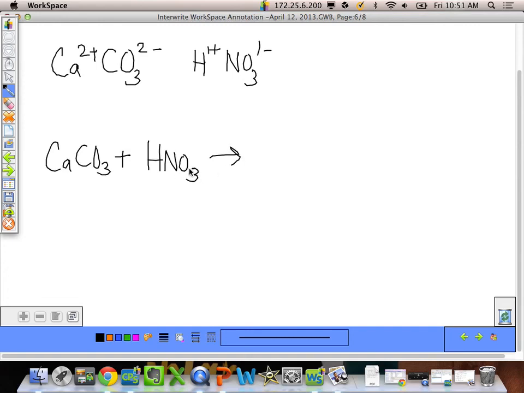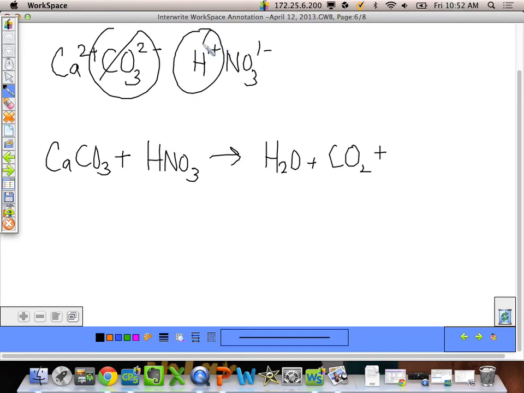Going to react. The 2 I can write down right away, water and carbon dioxide. Then I can figure out my salt. So this whole carbonate part is taken care of. That whole hydrogen part is taken care of. What I am left with is the calcium and the nitrate.